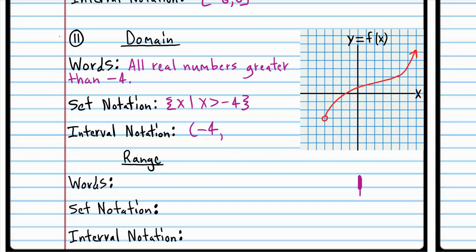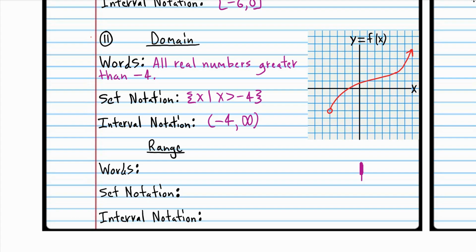But then because the graph keeps going on and on and on, we use an infinity symbol. And we never write a bracket on infinity because a bracket means that this number is part of the domain. The problem is infinity is not a number. So it's impossible for something to be equal to infinity. So we never write a bracket next to an infinity symbol.